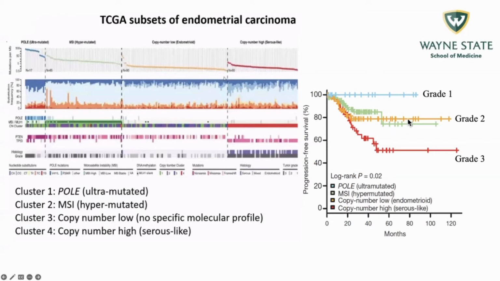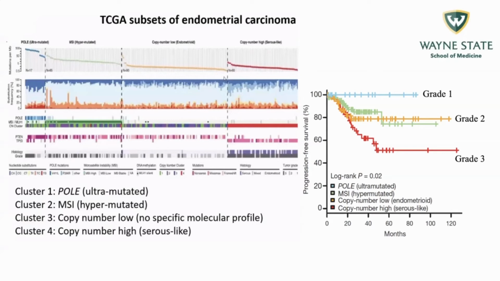The grade 2 overlapped with both MSI hypermutated and copy number low. The high grade, grade 3, overlapped with the serous-like copy number high. So apparently, if we know how to grade endometrioid carcinoma perfectly, this molecular subtype overlaps with our grading system.